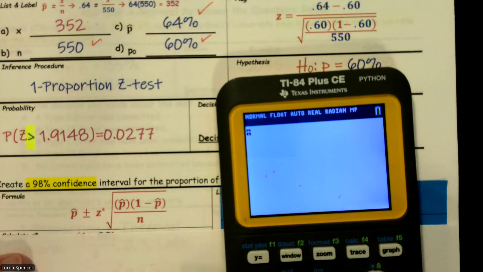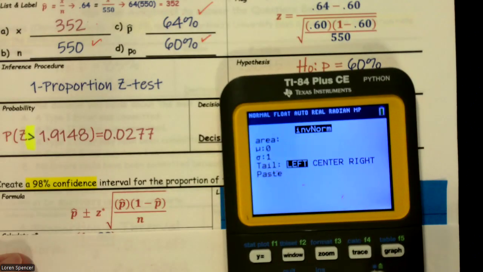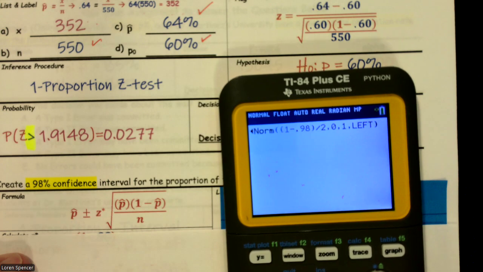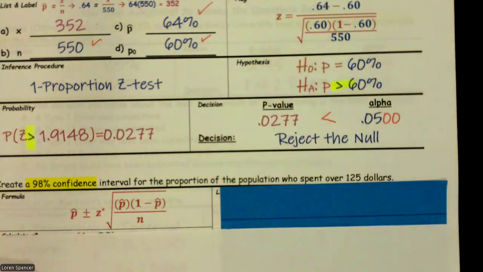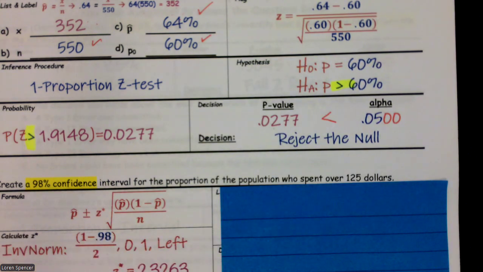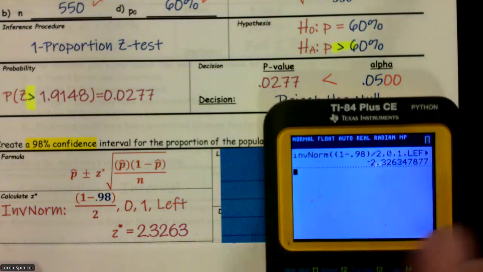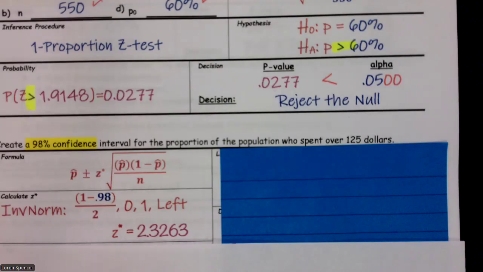And to do that, we're going to go 2nd, VARS, invNorm, parenthesis 1 minus 0.98, close parenthesis, divided by 2, mean of 0, standard deviation of 1. And we end up getting a z star of 2.3263. Oh, and on the calculator, it's negative, but we're positive people, so we're going to keep it simple and always leave it as a positive.